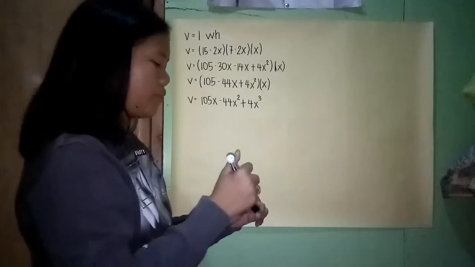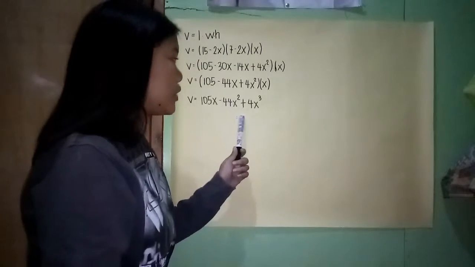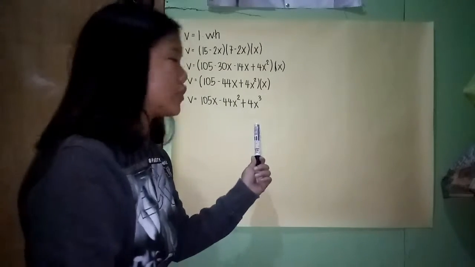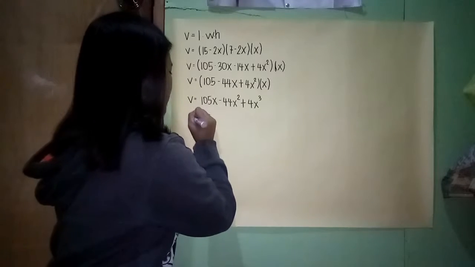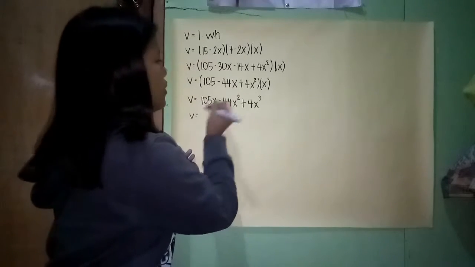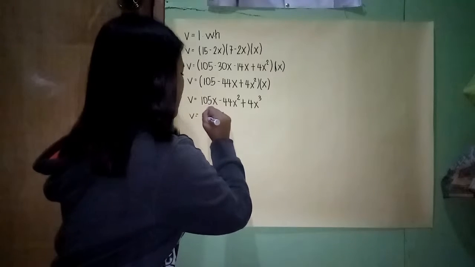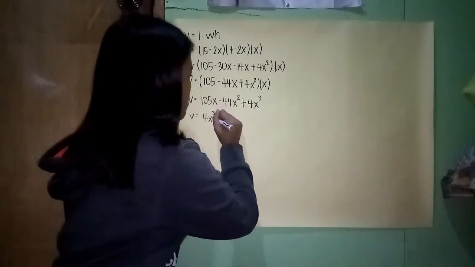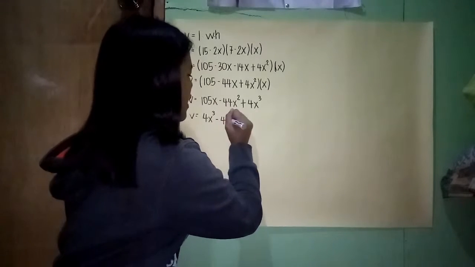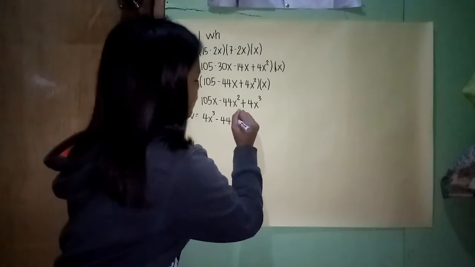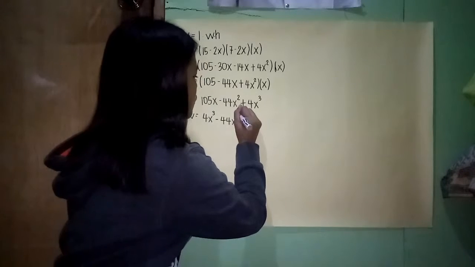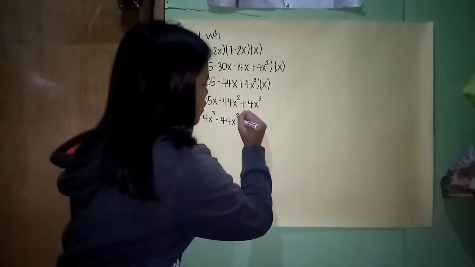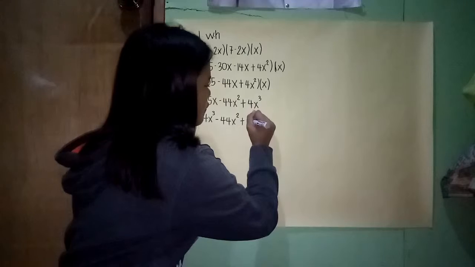Now always remember, we should always arrange this first. So this will be 4x cubed minus 44x squared plus 105x.